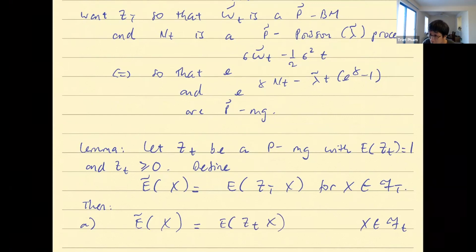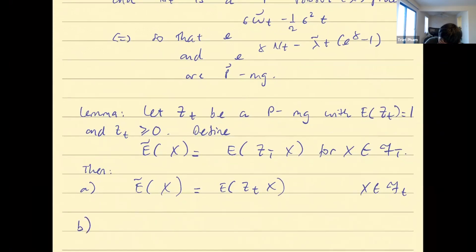Very natural, but it works. Of course, because this is a martingale. B, if you were to do conditional expectation, then you already know what happened. This is conditional expectation under the new one.